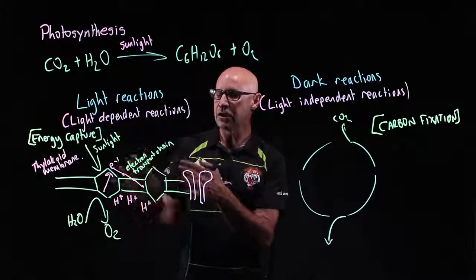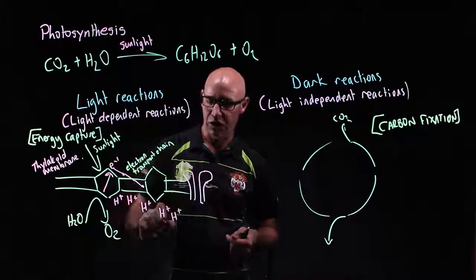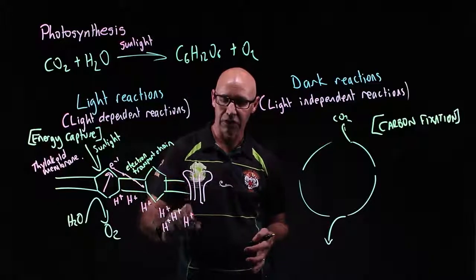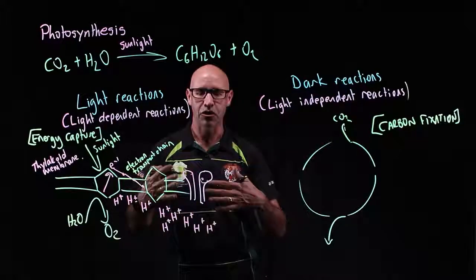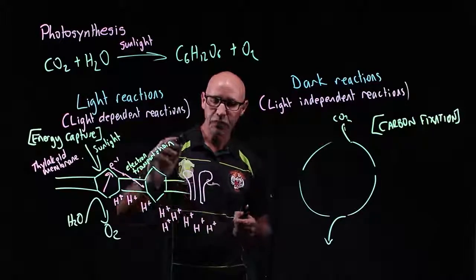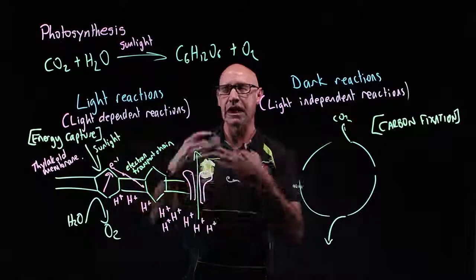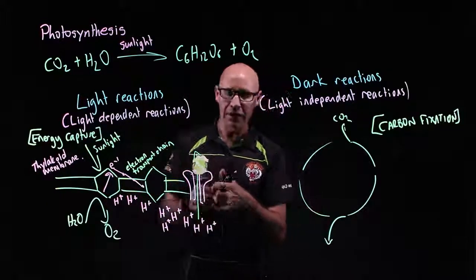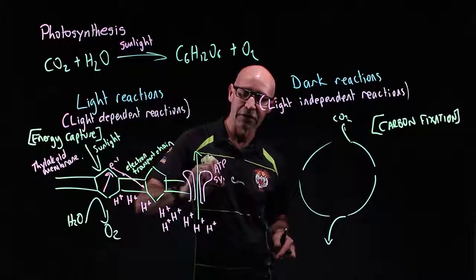If we continue that process, we end up with more and more hydrogen ions, or protons, on this side of the thylakoid membrane, and so we've got a concentration gradient. Once we've got a concentration gradient, these hydrogen ions are going to move back to the other side of the thylakoid space along the concentration gradient, and when they do that, they turn ATP synthase.